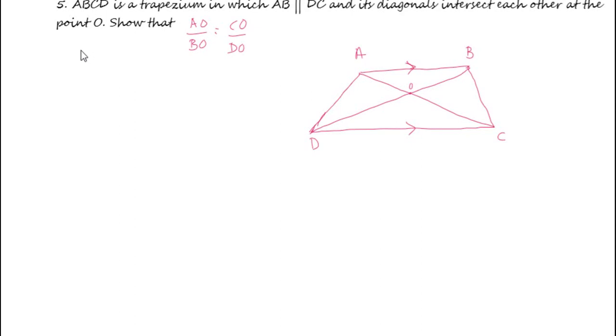Next exercise. ABCD is a trapezium in which AB is parallel to DC and its diagonals intersect each other at the point O. This is the point O. Show that AO by BO equal to CO by DO. So what is given?